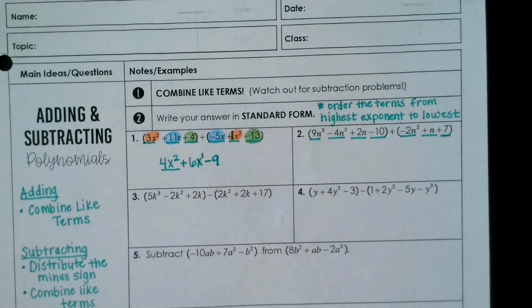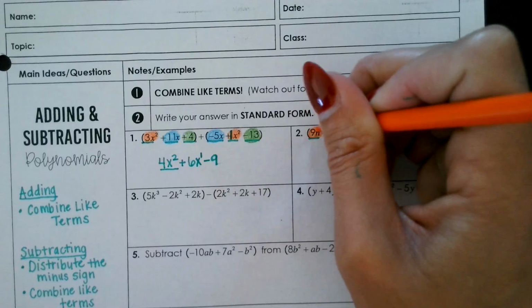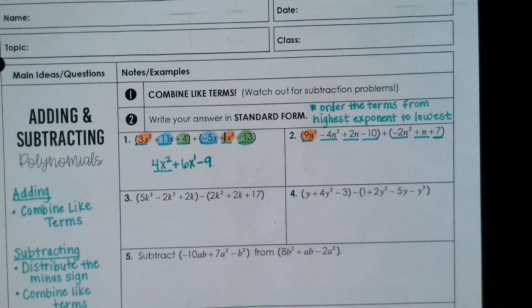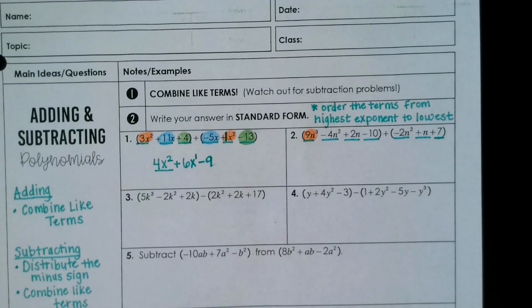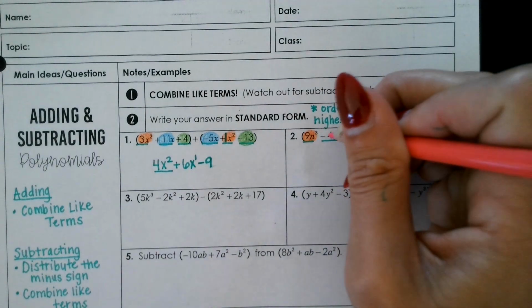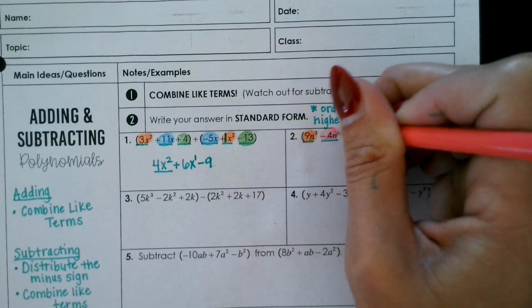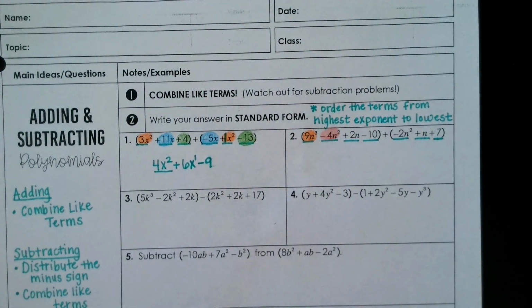Let's look at our first one. We have a 9n to the third power. Are there any other n to the third powers that we can put that one with? No, I don't see any, so that's going to be my only orange one. What about the negative 4n squared? Any other n squareds we can combine it with?